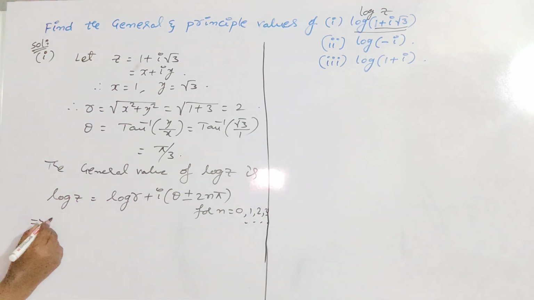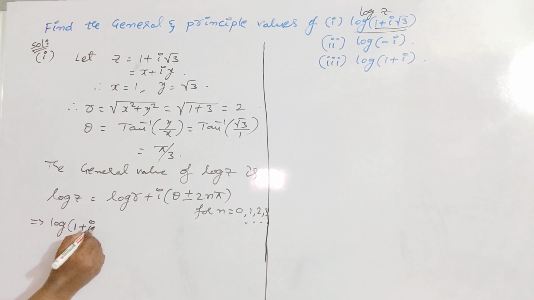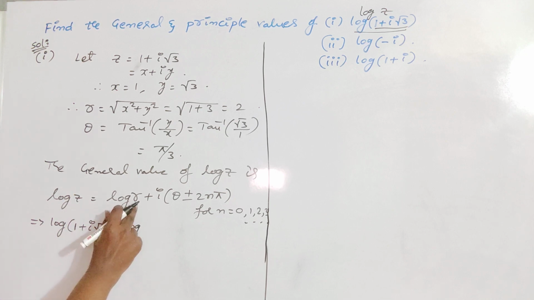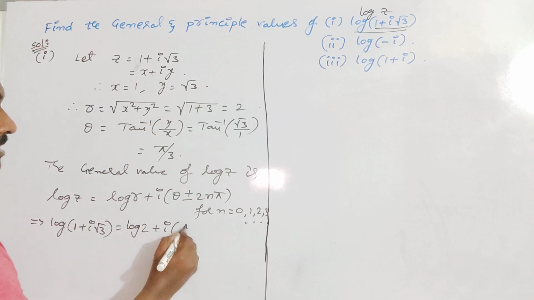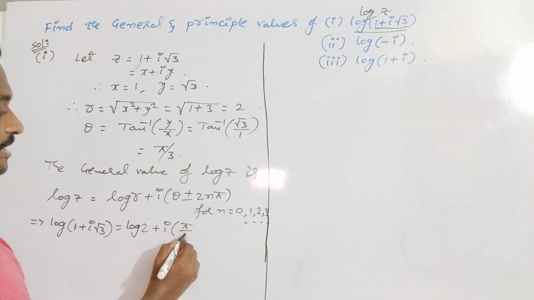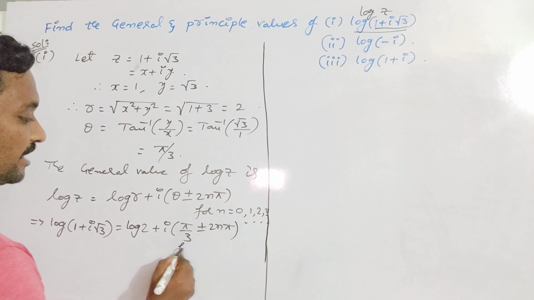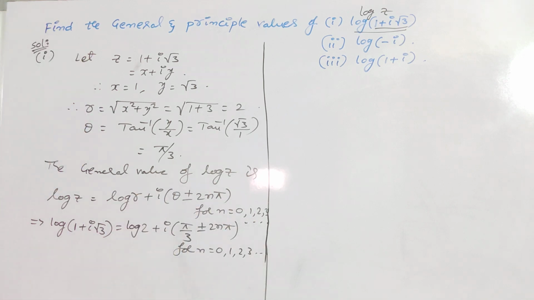In this problem z is 1 plus i root 3. So we get the general value of log of 1 plus i root 3 as log 2 plus i into theta, which is 60 degrees, written as pi by 3, plus or minus 2n pi for n equal to 0, 1, 2, 3 and so on.